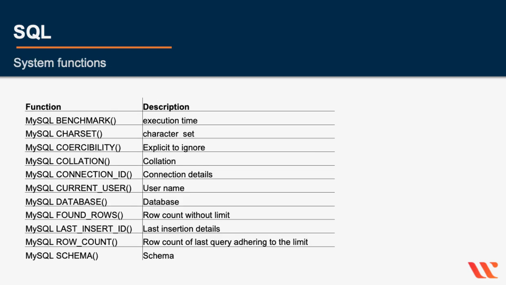And system functions. If it's MySQL, then you can get the benchmark, which is the execution time, the amount of time it took for the query to process. This is useful. Also the character set of the database, the collation, the current user, which gets the username, the first row, last row, and the schema of the database.